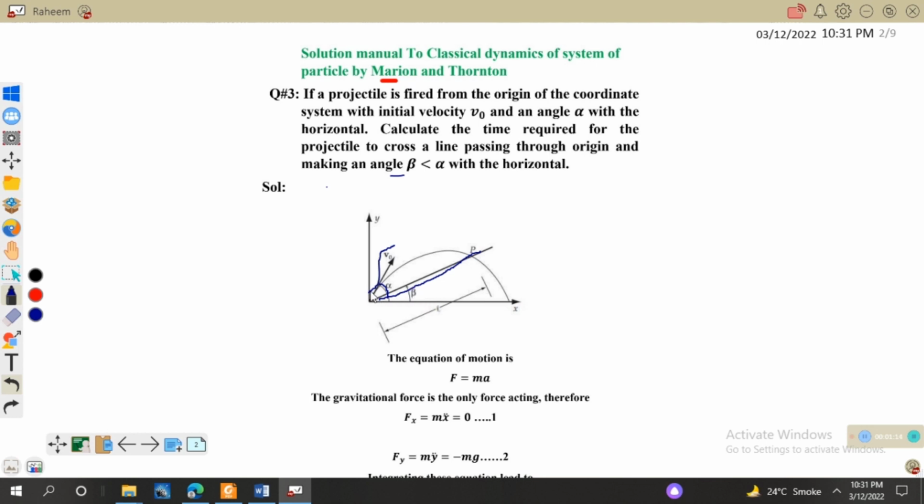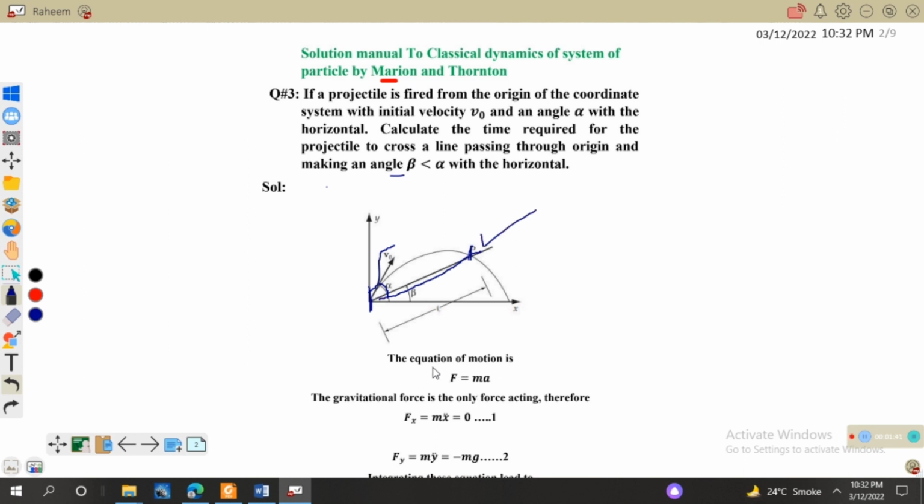The first is at the origin and the second is, I think, beyond the highest point. We have to find the time required for the projectile to cross this line, from the origin to point P.